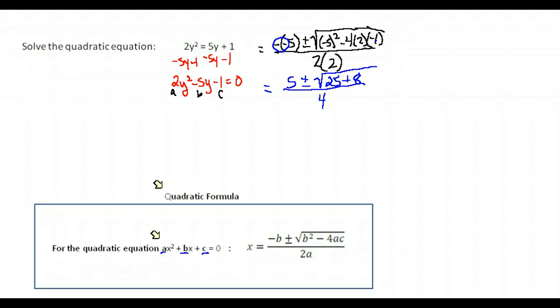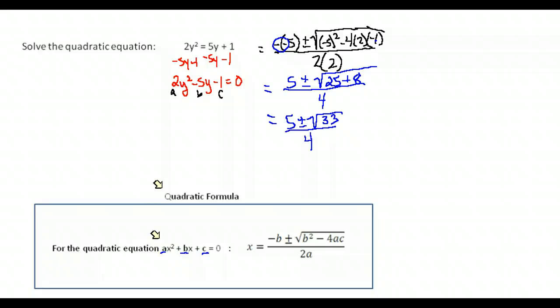All divided by 2 times 2, which is 4. I add the numbers underneath the radical: 25 plus 8 gives me 33. And again, the entire thing is over 4.